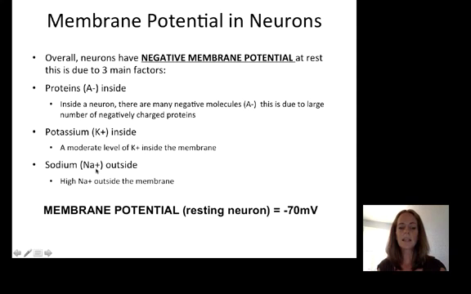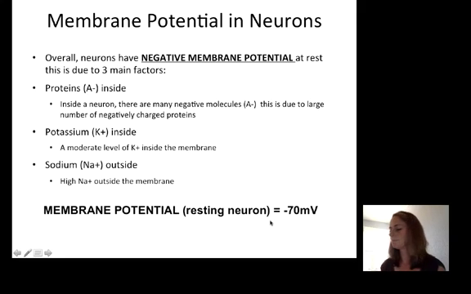But it's really the very, very high amount of positive ions, high sodium ions outside of neurons, that give the overall membrane potential in a resting neuron, generally a negative 70 millivolt resting potential.